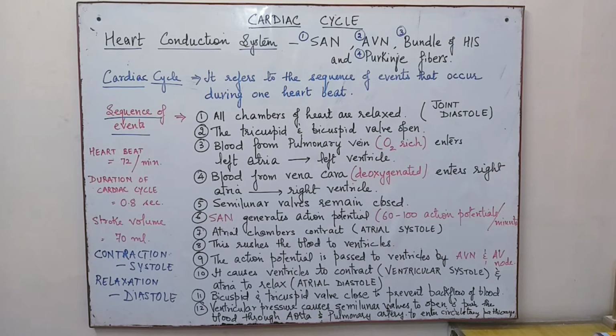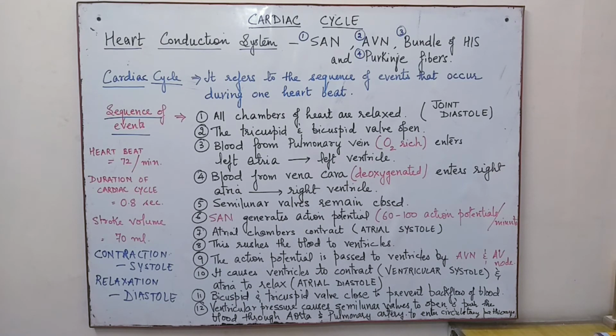It is produced by the SAN cells, which are specialized cells with the capacity to generate action potential automatically. This is quite different from the electric potential generated in nerve cells.